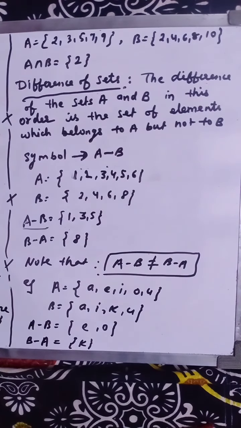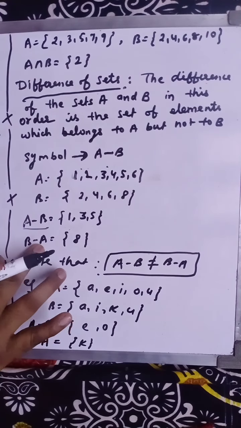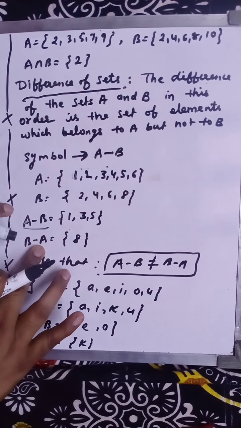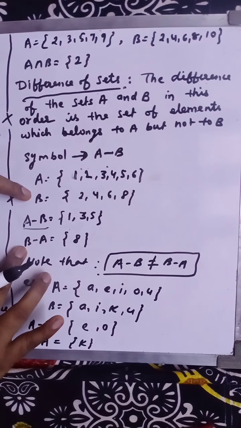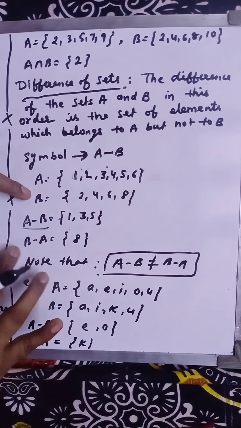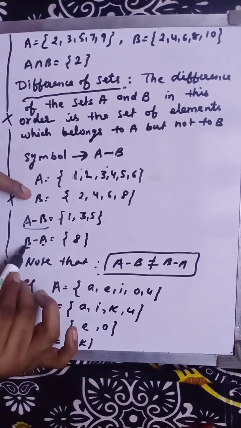And we have to find B minus A. So you have to cut the element from B because B is coming first in the subtraction. We are subtracting A from B, so you have to cut the elements from B.